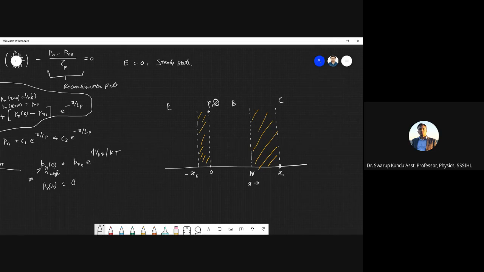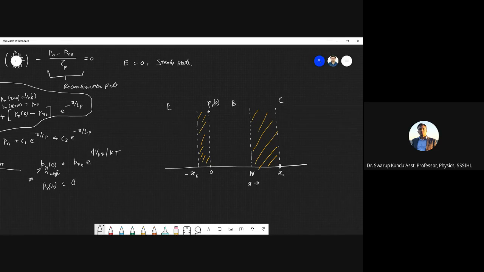So we'll have maximum hole concentration at this boundary, right? Most of the holes are getting injected from emitter to the base.